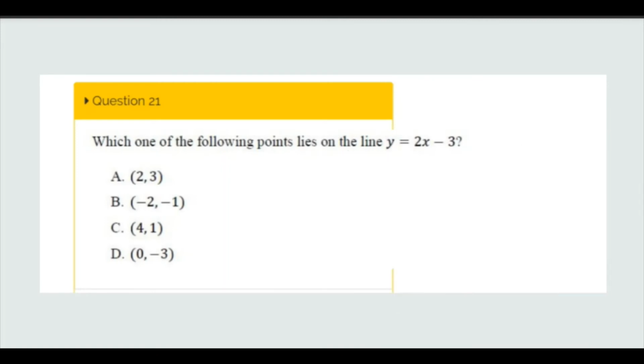So let's try C. C is 4 and 1. So let's plug in 4 and 1 and see if that will satisfy the equation. So y in this case would be 1 is equal to 2 times x, which will be 4, subtract 3. 2 times 4 is 8, subtract 3. That is what, 5? So that is not correct either.